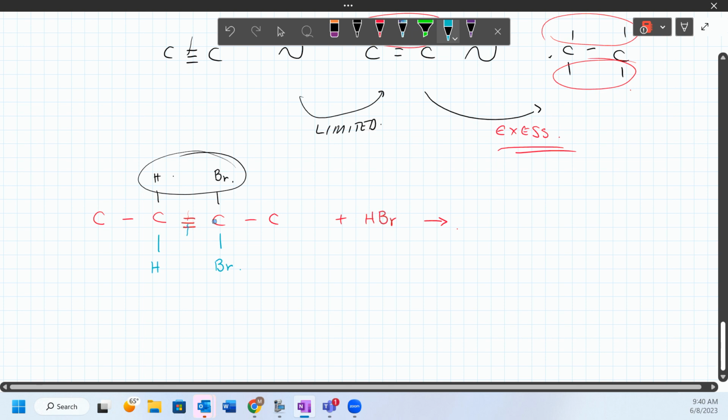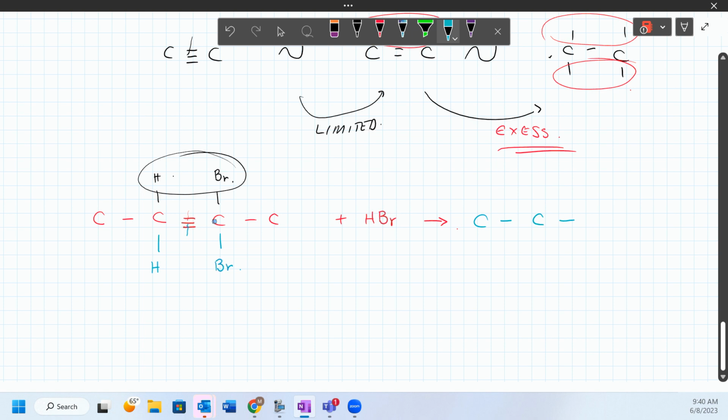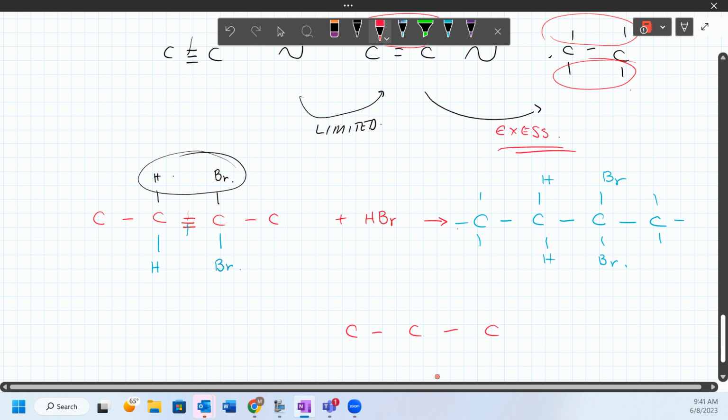And then what you have here is H and Br here and H and Br here. But the Br and H can switch places, and then what you may have is something like this. Br is here and Br is here.